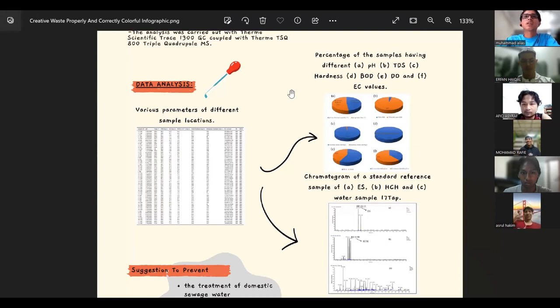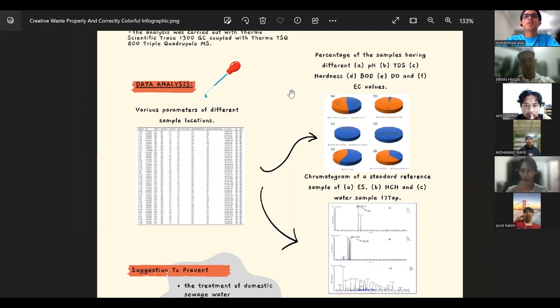The next parameter is BOD. BOD was measured as an indicator of the strength of the waste in the water sample. The study found very low BOD values, suggesting that the water samples had no organic pollution.